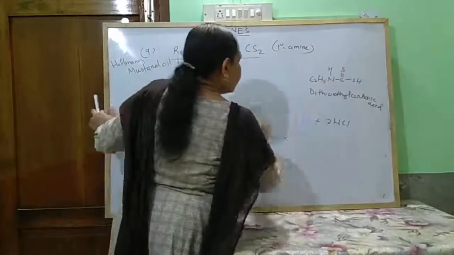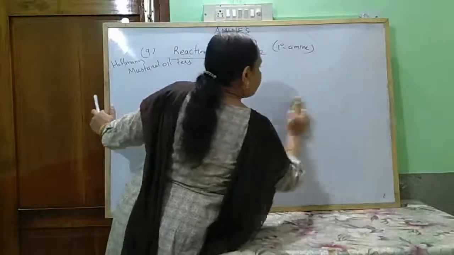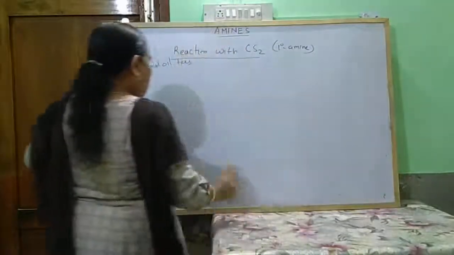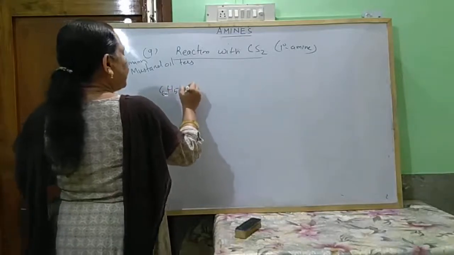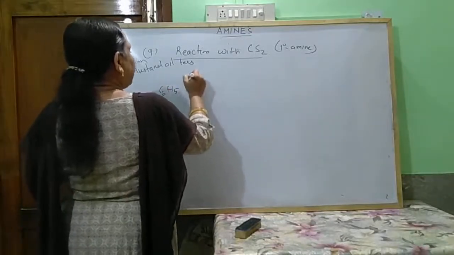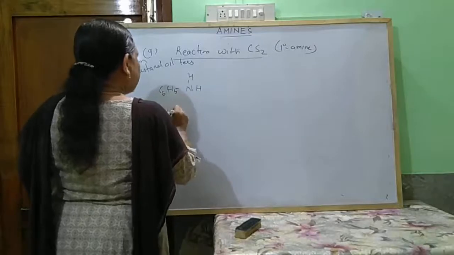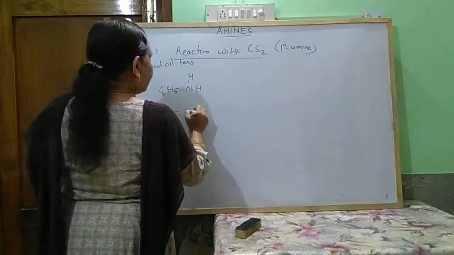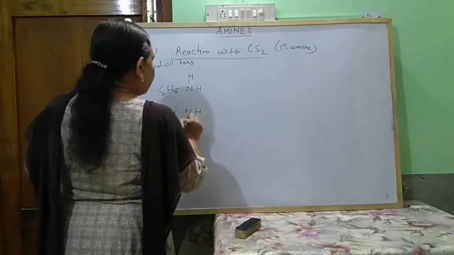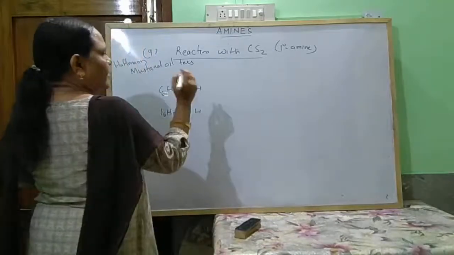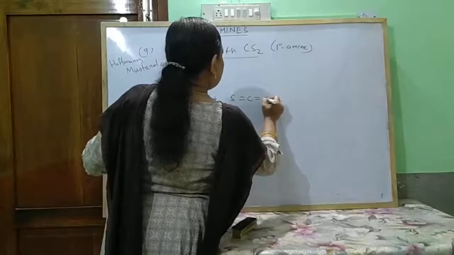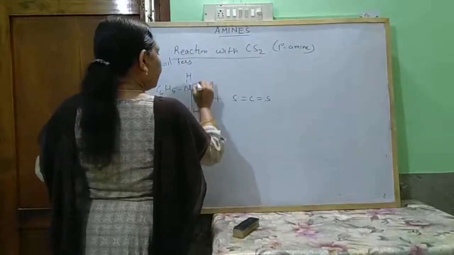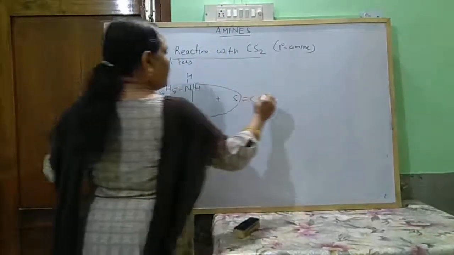Look at the equation. C6H5NH, C6H5NH and H. This is aniline reacts with carbon disulfide. So removal of H2S takes place.